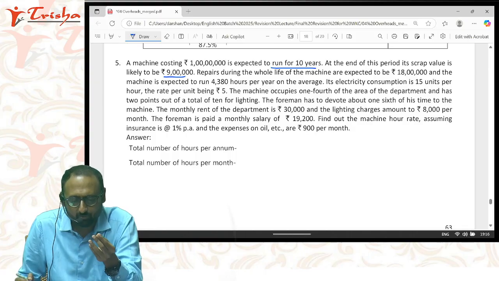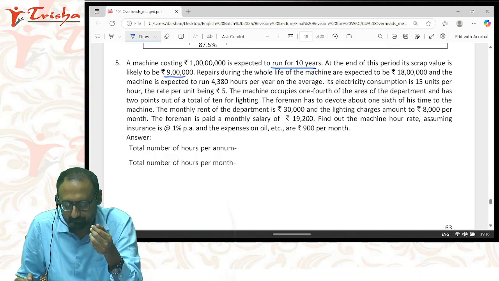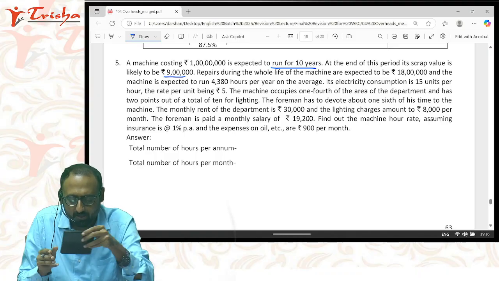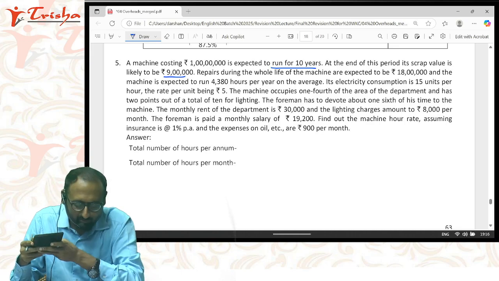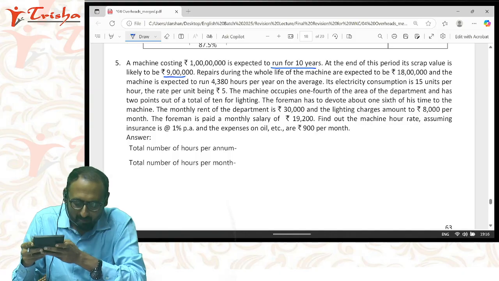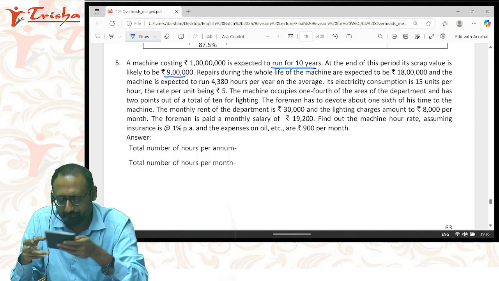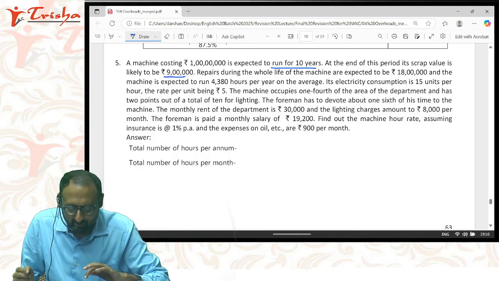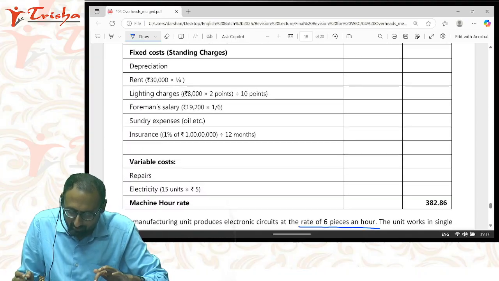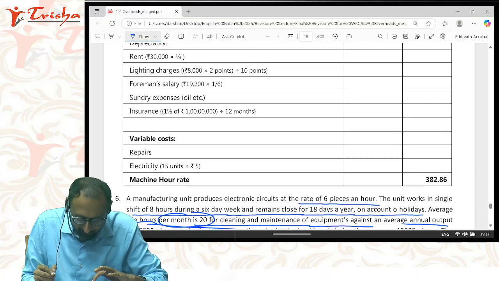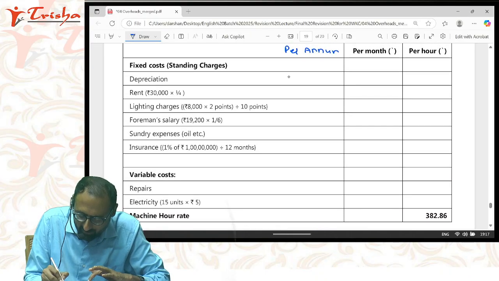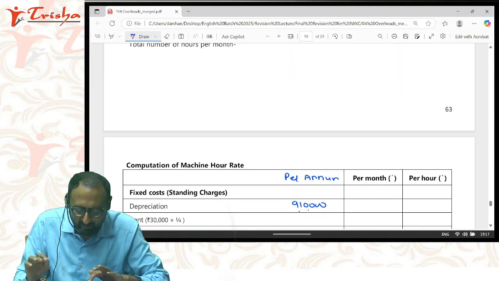Calculate the depreciation per annum. 1 crore machinery, residual value is 9 lakhs, life is 10 years. Whether your answer is 9 lakh 10,000, per annum. So depreciation will be your fixed expense. You told me 9 lakh 10,000. Correct, sir? Whatever monthly, we'll see it later.